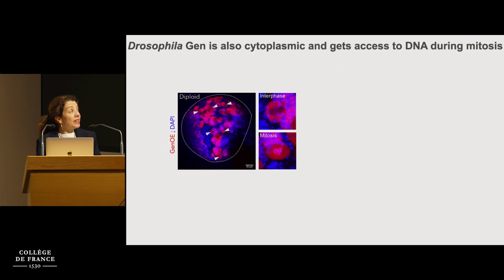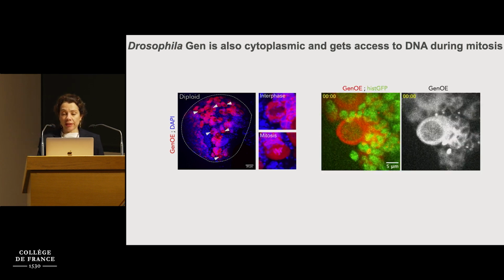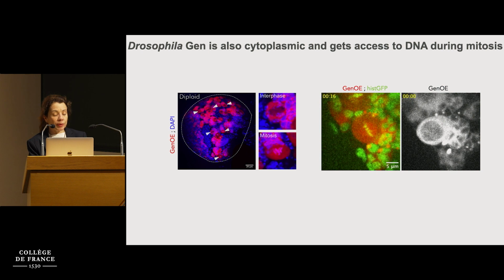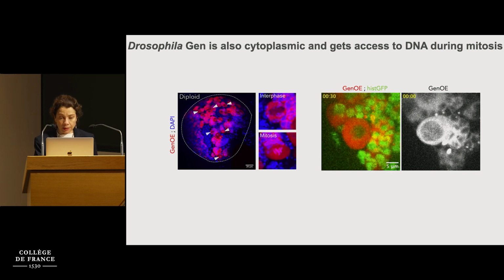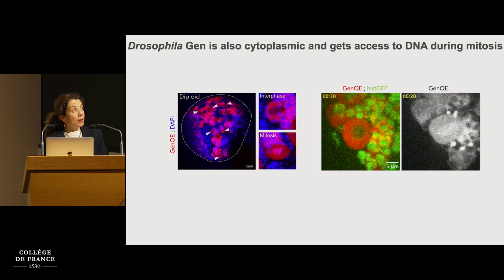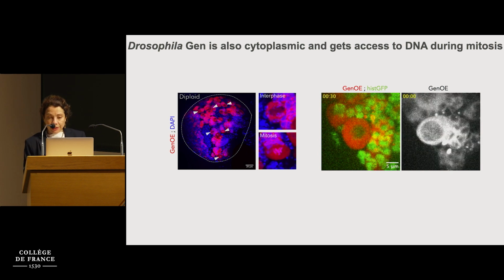So still in flies, we realized that Gen in flies works exactly as in human cells, but we can also see it associated with the nucleus, actually even before nuclear envelope breakdown. This is a movie showing exactly that, where there is already fluorescence inside the nucleus before nuclear envelope breakdown, as you can see over here.